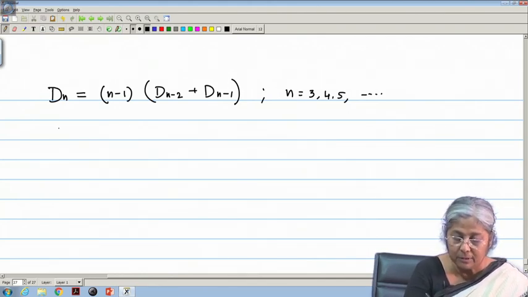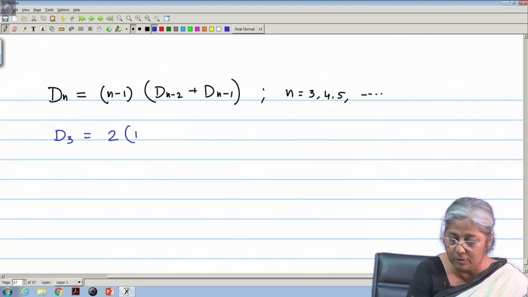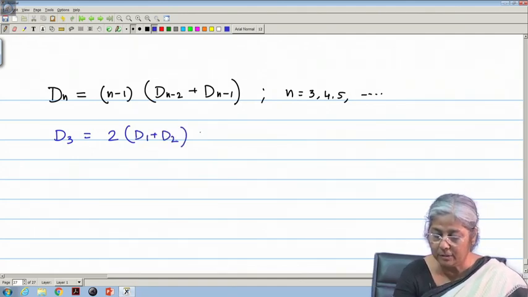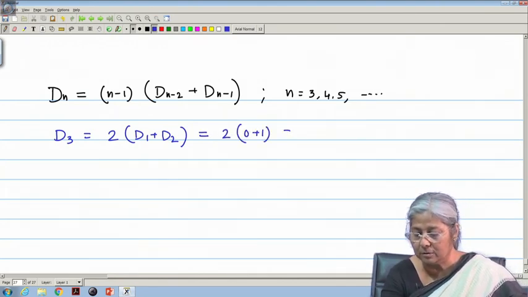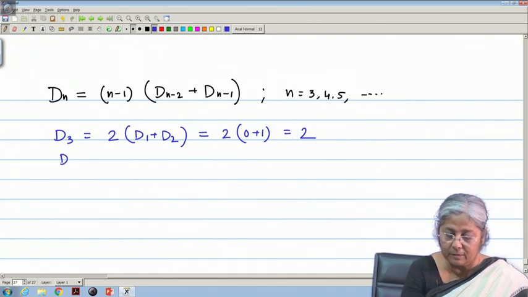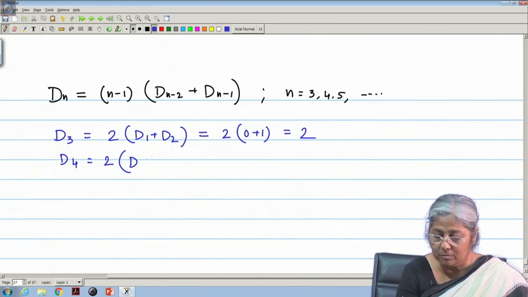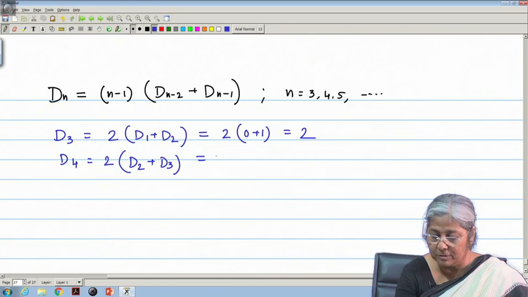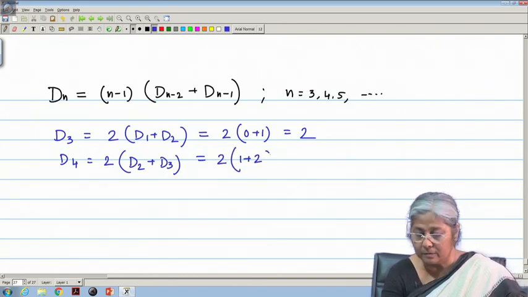Now easily we can put in values. D3 equal to 2 into D1 plus D2, and already we got D1 is 0 and D2 is 1. So this becomes 2. Then D4 equal to 3 into D2 plus D3, which is 3 into 1 plus 2, and this becomes 9.